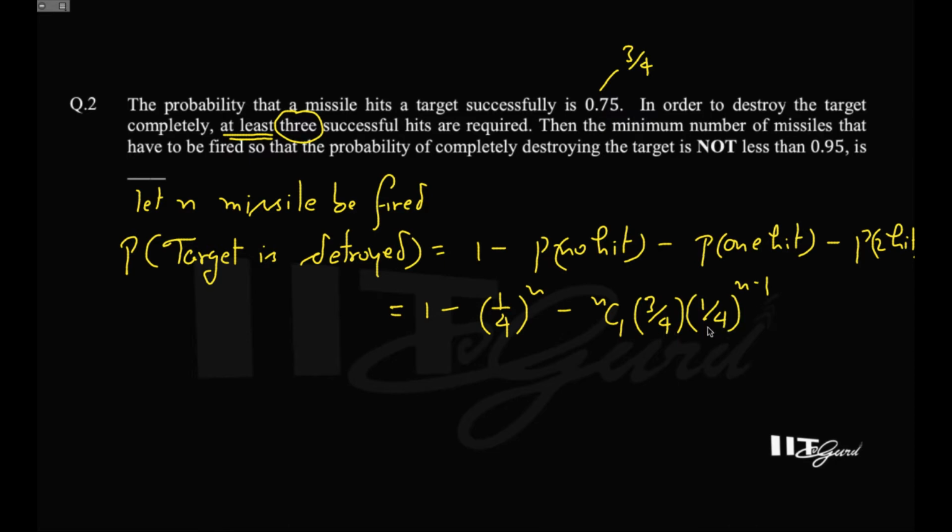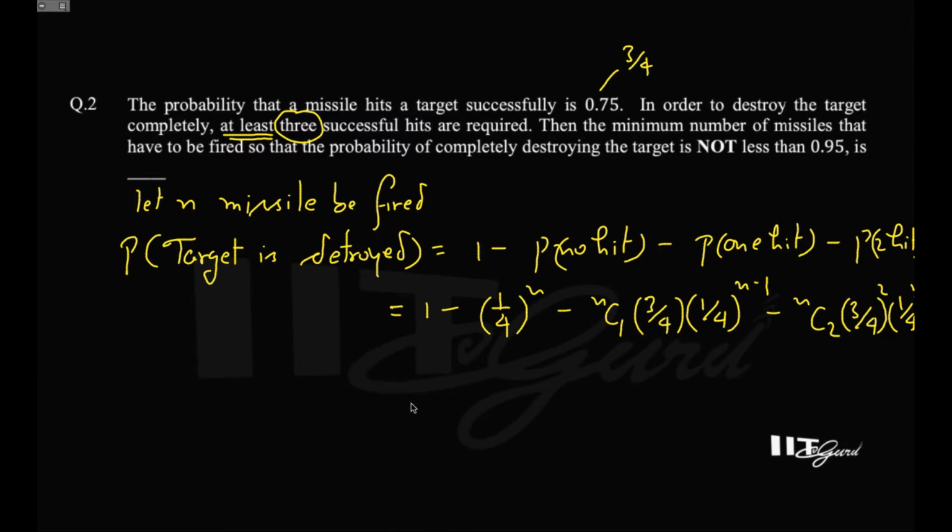Later on we will make the calculation. And now we apply the binomial distribution. nC2, among these exactly 2 hits is there, so for exactly 2 hits you have to write 3 by 4 whole square and 1 by 4 to the whole power n minus 2. Okay, fine. So go ahead for working this.